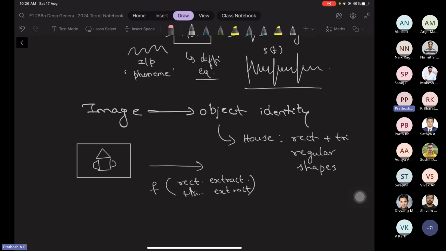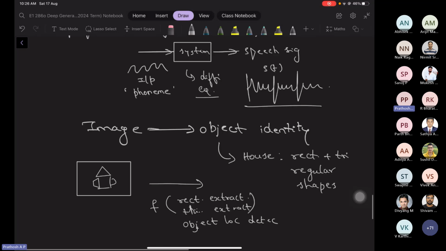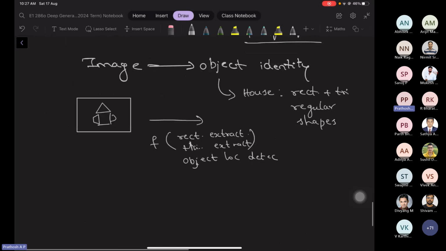Then you have some sort of object location detection and so on, and combine all this to come up with some object identity or regular shape. That is how people used to attempt these problems. As I said, this is classical speech processing, this is classical image processing, and you can imagine the same thing in NLP also.